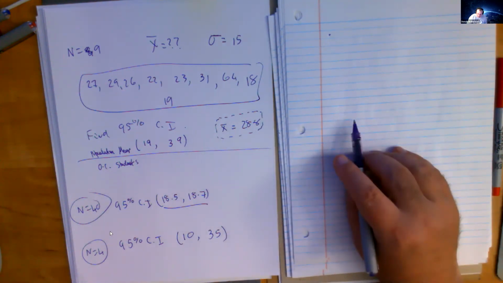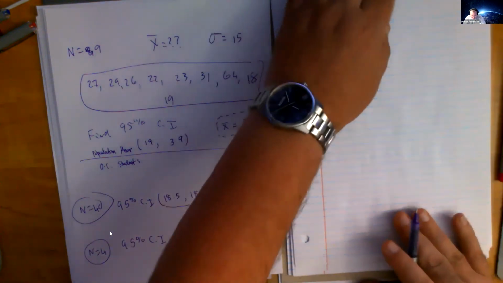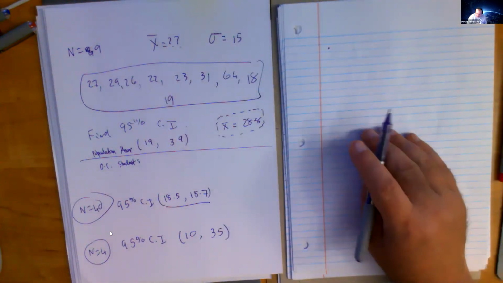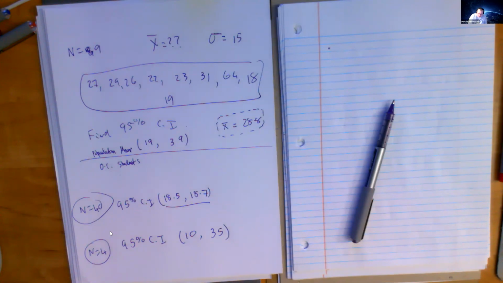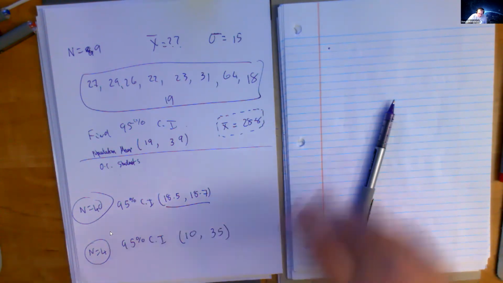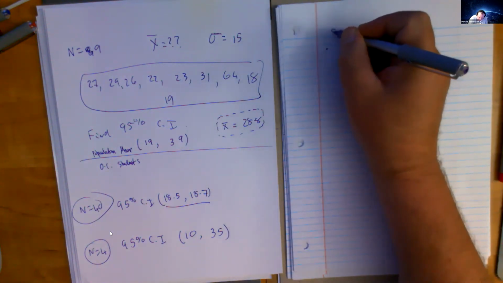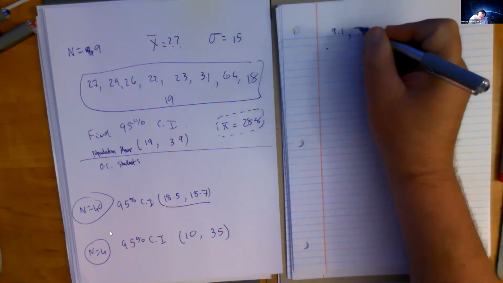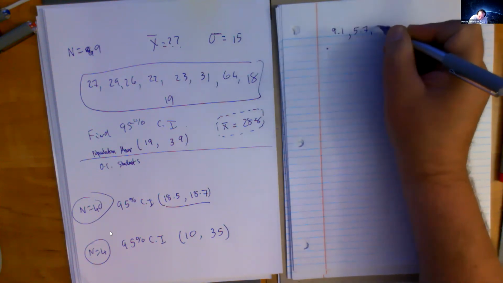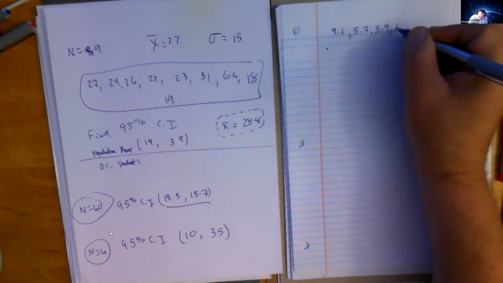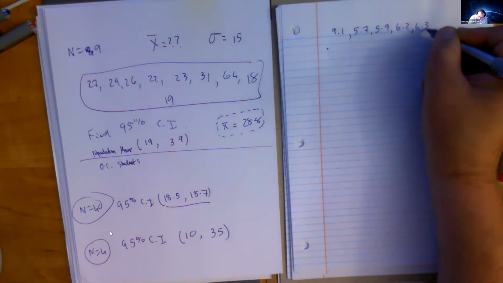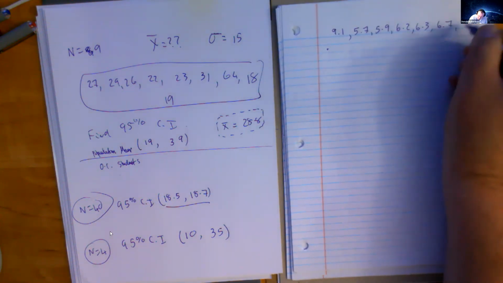So I think what I'm going to do is create a little data set for you, and you are going to get a 99% confidence interval on it, right? If you've got your calculator, that's great. Hopefully you have. Otherwise, I guess you're just going to be watching us do it. So here is your data set: 9.1, 5.7, 5.9, 6.2, 6.3, 6.7, and 8.